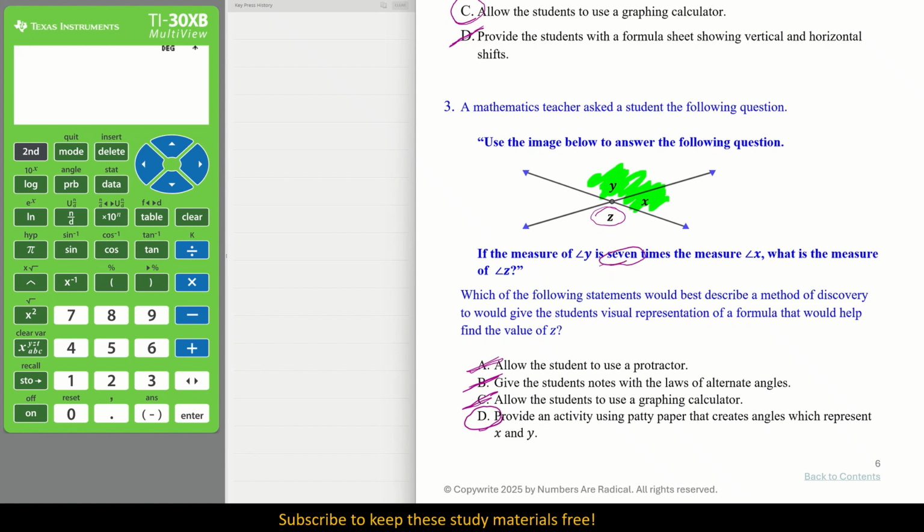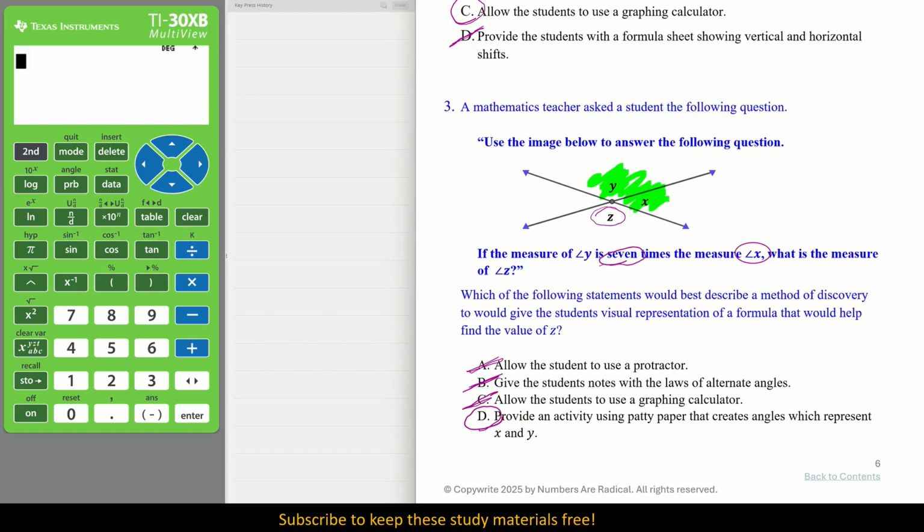Because we have 7 plus this other angle, so really there are 8 angles. So you could just go through the motions of folding it in half and then folding those in half and then folding again. So you have 8 folds. And then you can go through, well, this would be the value of y, and this would be the value of z, and this smaller one would be the x.